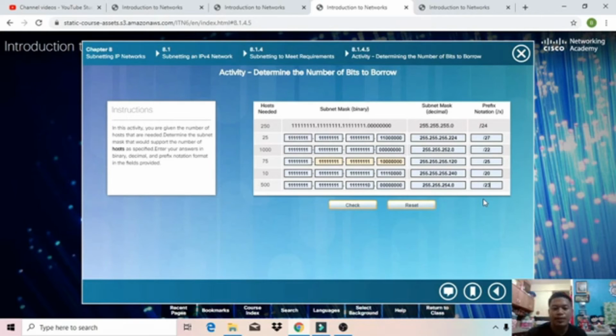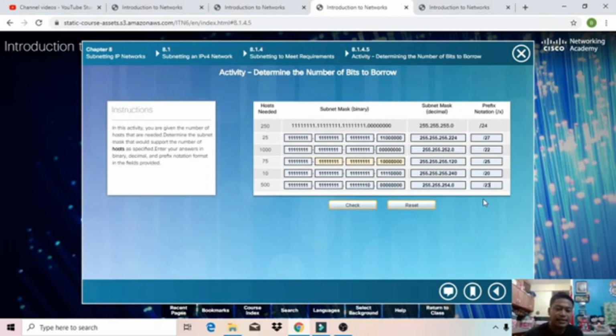The subnet mask decimals are 255.255.255.224, which is the first. The second is 255.255.252.0. Next is 255.255.255.128, then 255.255.255.240. Last is 255.255.254.0. So these are the subnet decimals.